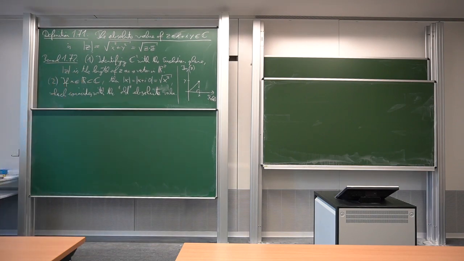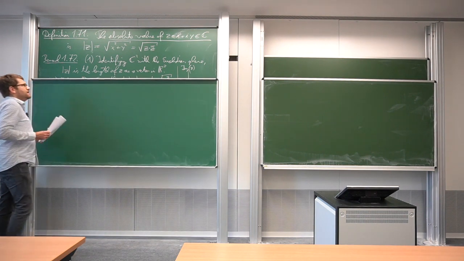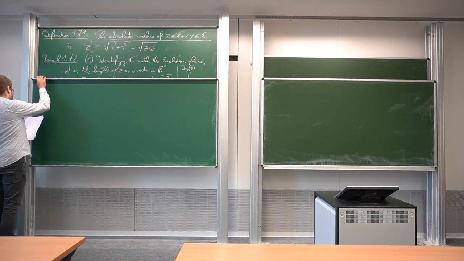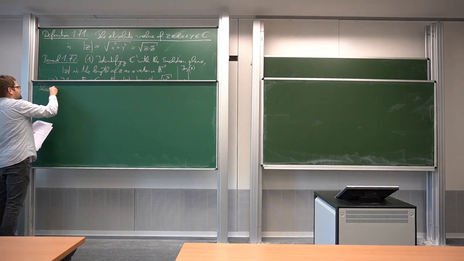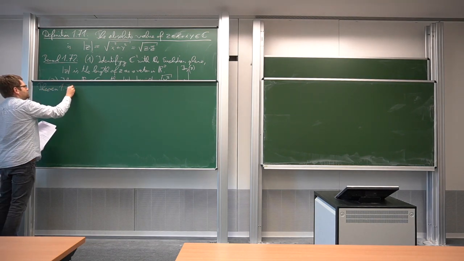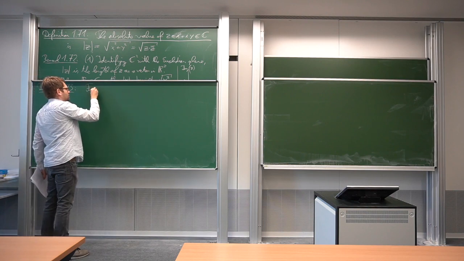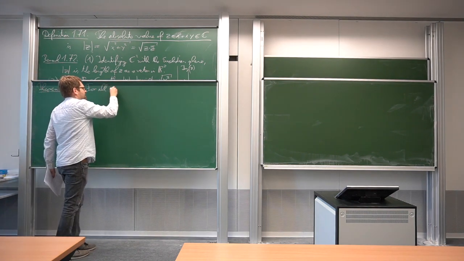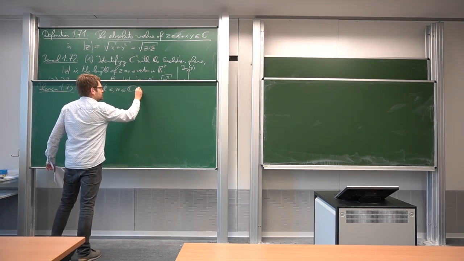Okay, and another reason why we are allowed to name this an absolute value is that it shares similar properties with the old absolute value that we know. Namely, we collect some properties of this absolute value. For all z, w in C, we have the following.